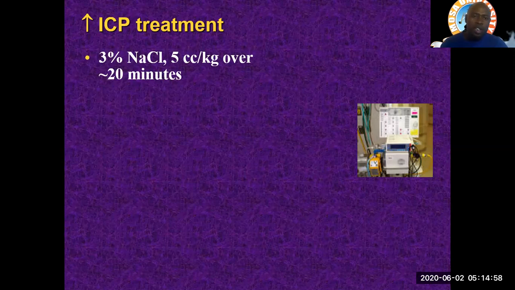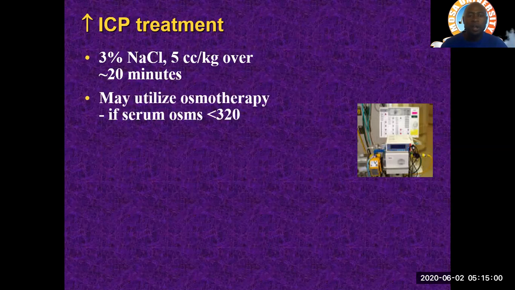So the treatment for increased intracranial pressure, what you do is that we will give 3% sodium chloride at 5 cc per kg over 20 minutes. Also, we may utilize osmotherapy if the osmolarity is less than 320.